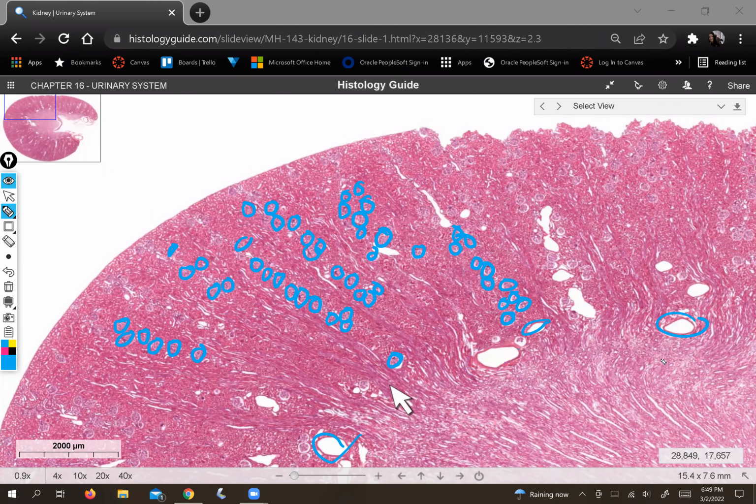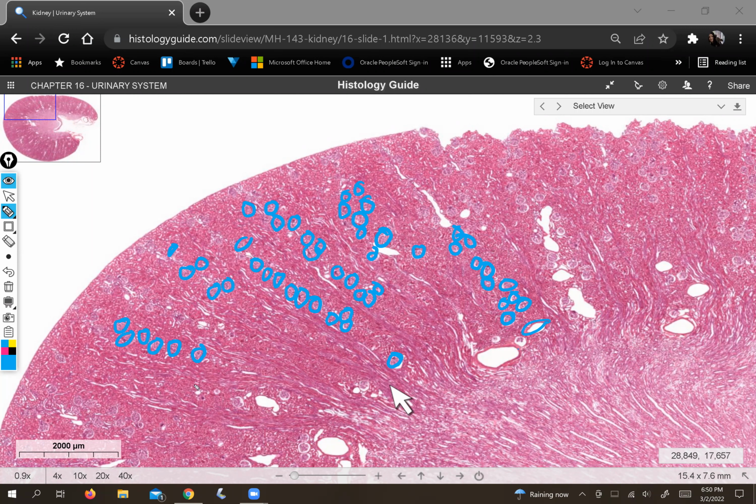So you can think of the corpuscles and specifically the corpuscles and their glomeruli as being like little fruits hanging off a tree, and the trunk of that tree is the cortical radiate artery. So we have like a little stalk of artery with little fruits coming off of it, and those are the glomeruli.